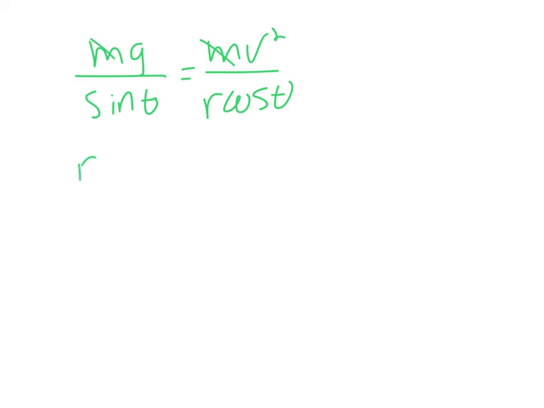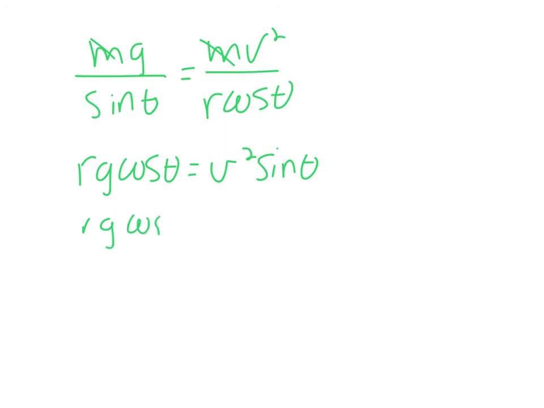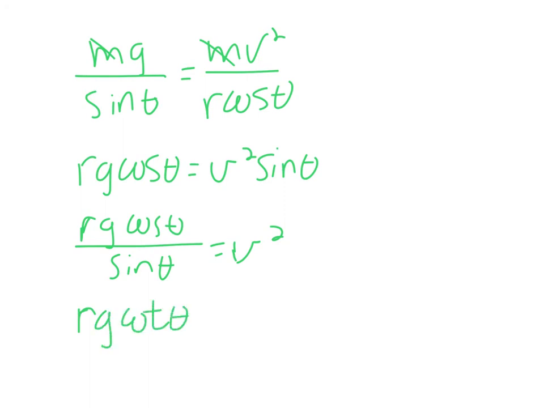We get rg cosine theta equaling v squared sine theta. Divide both sides by sine, so rg cosine theta over sine theta equals v squared. And if you remember your trig, cosine over sine is equal to cotangent. So rg cotan theta equals v squared.